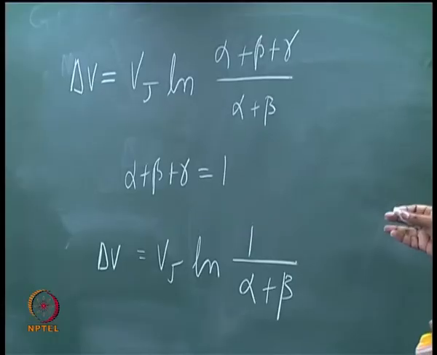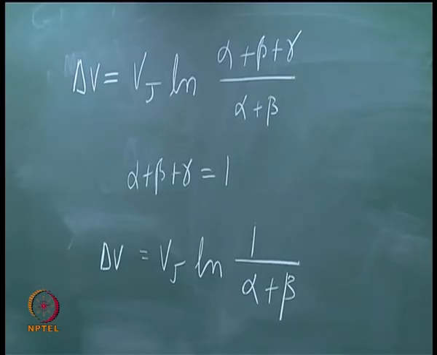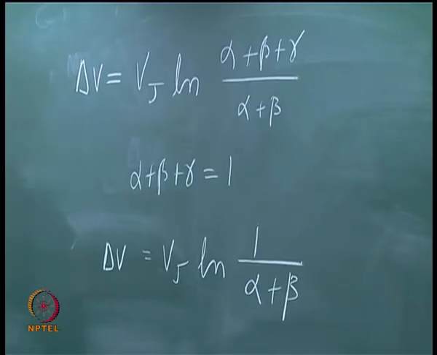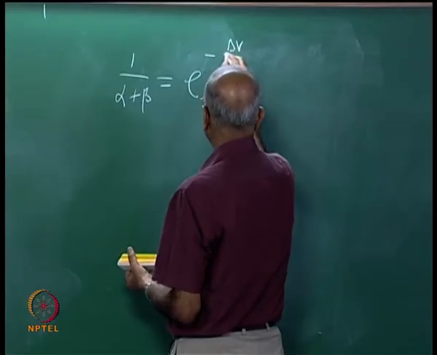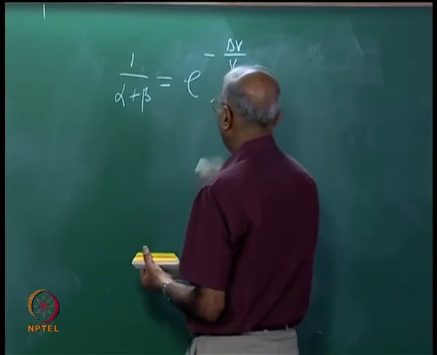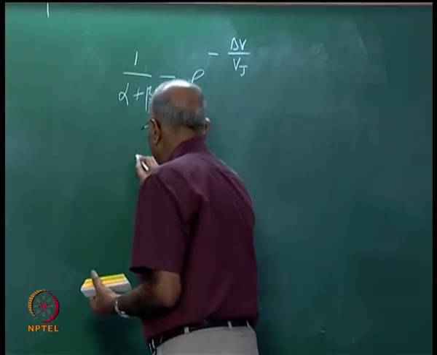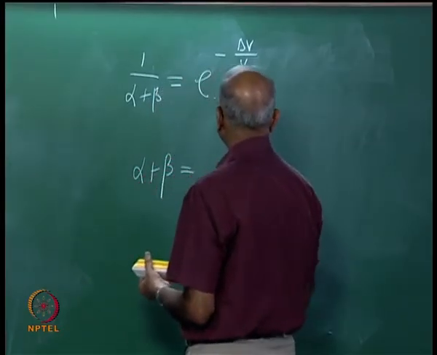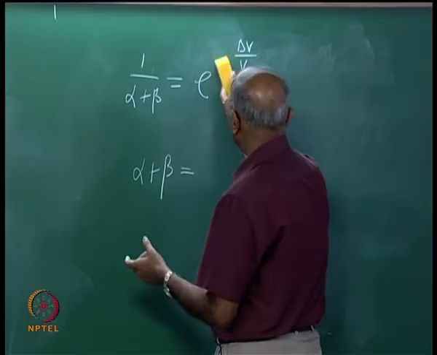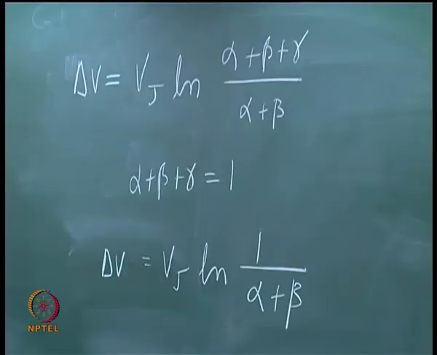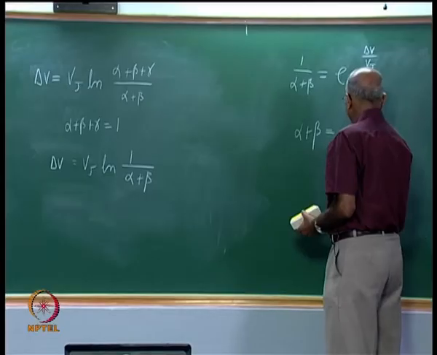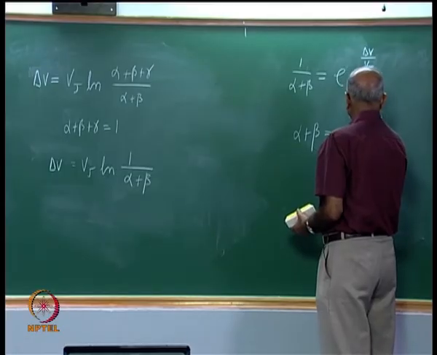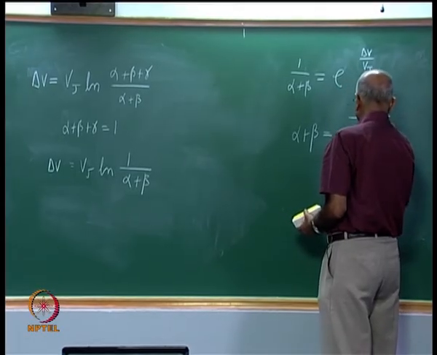I take the exponential on both sides, the log term vanishes, e to the power delta V by Vj, or rather, no, I should have just got e to the power, right. 1 over alpha plus beta is equal to e to the power delta V by Vj. Therefore, alpha plus beta is equal to e to the power minus delta V by Vj.